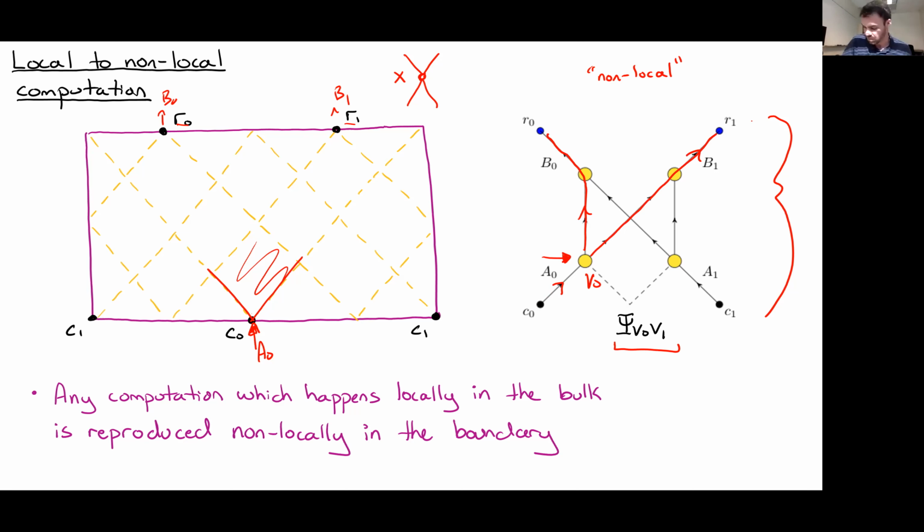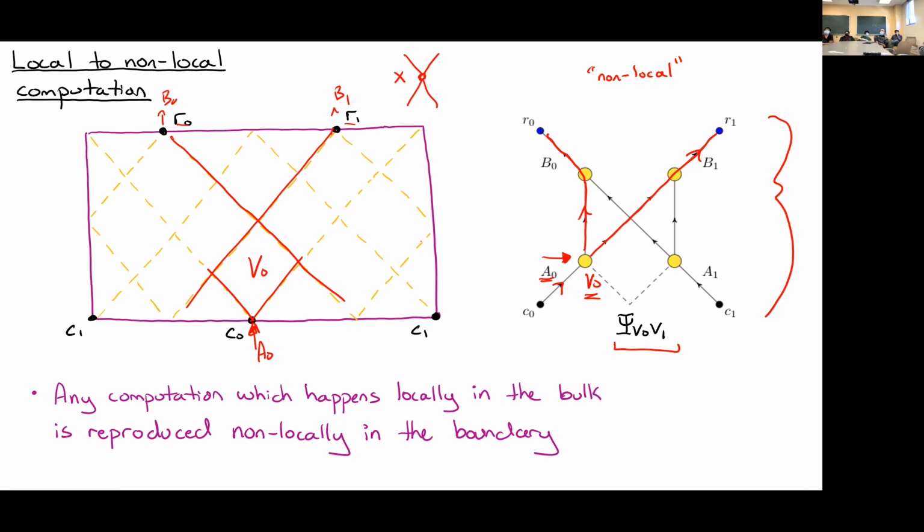The way I want to think about this is that the yellow dot represents everything that's happening in the causal future of C0 intersected with the past of R0 and the past of R1. And so that's this diamond. So we introduce some information on A0. V0 represents some of the degrees of freedom in the CFT, and specifically the degrees of freedom in this diamond here.